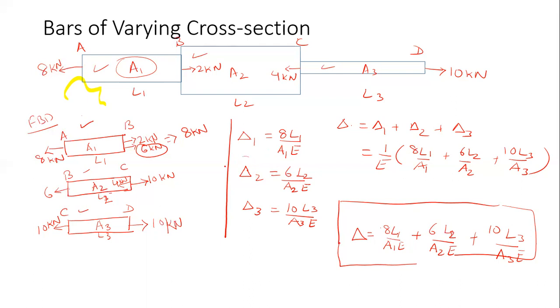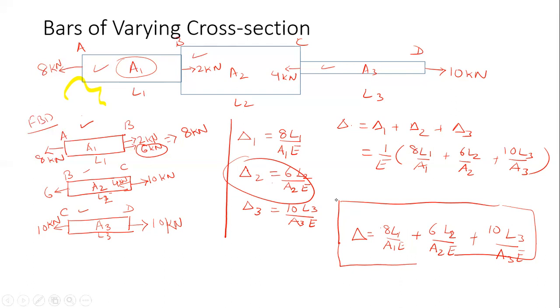Suppose this deformation delta 2 was negative, then we will simply put a minus sign on this delta 2 and add the three deformations. That means the total deformation would be delta 1 minus delta 2 plus delta 3. So if the length is increasing, we will say that the deformation is positive, and if the length is decreasing, you can say that the deformation is negative, and add all the three.